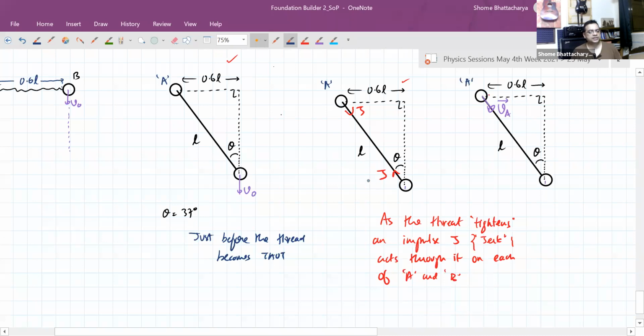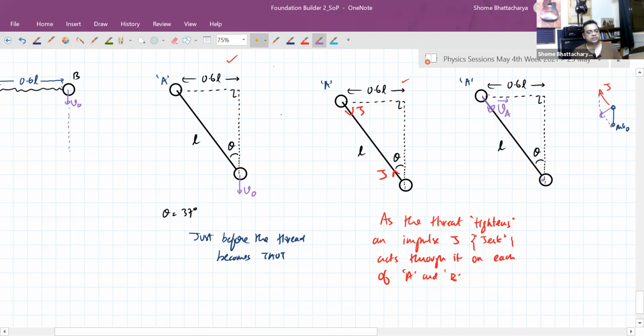Whereas B, if you think about it, B had a momentum in this direction, MV0. And then it experienced an impulse in this sort of direction. So final momentum has to be initial momentum plus impulse. So its final velocity is, let's say, in some sort of direction like this.